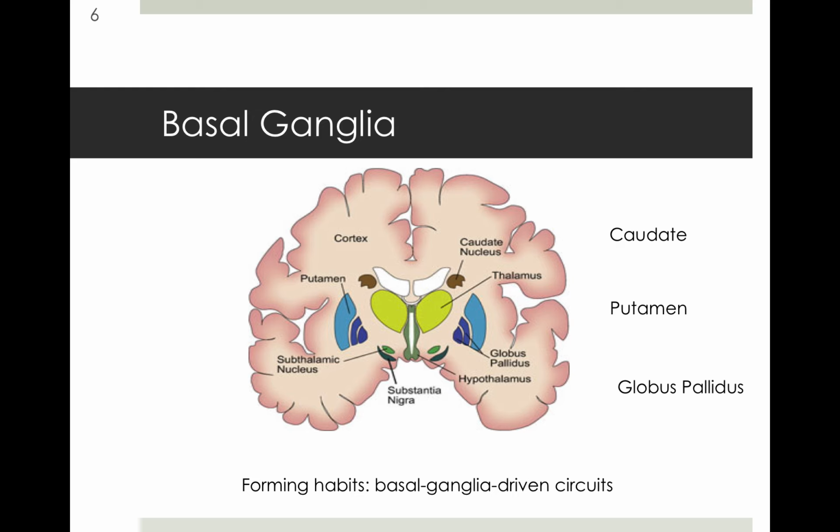But what we know is that the basal ganglia are really important for the formation of habits. So what the basal ganglia are doing is modulating these circuits that talk to the cortex. And why is that useful? Because if you're doing something repeatedly, you should develop a specialized set of circuits to enable that.